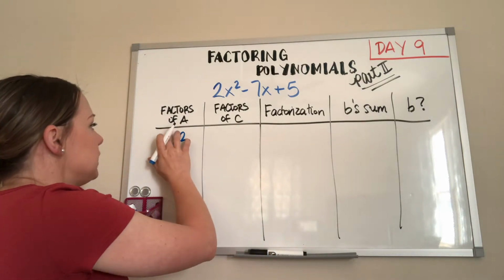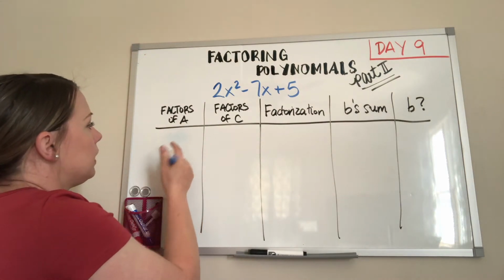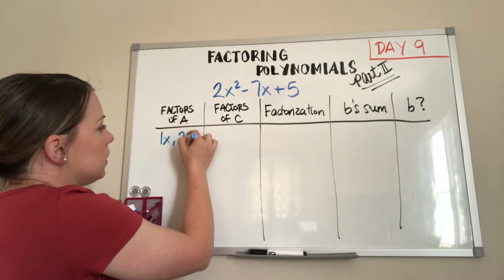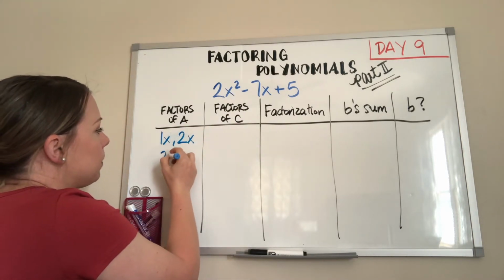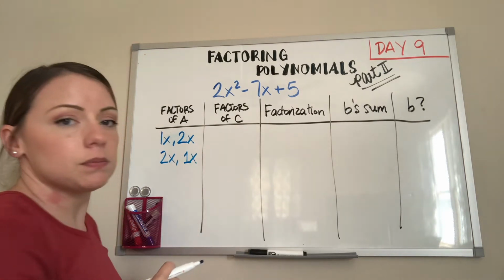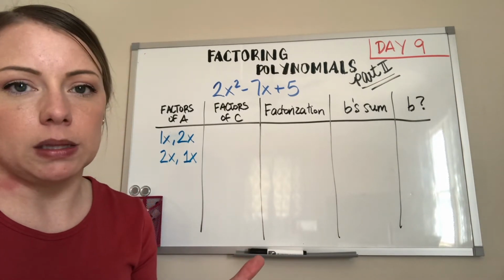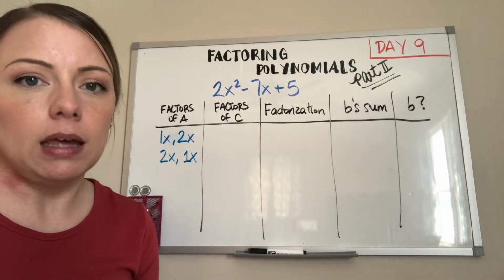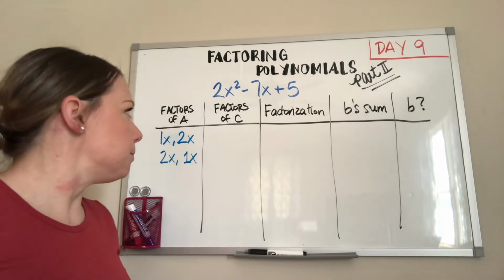So I can set those up right away. And then I'm also going to rewrite this to not just say 1 and 2, but 1x and 2x, because I have x squared. And then I have the possibility of 2x and 1x. All right, now every factor of 2 has been listed. Now, I could list everything else if these weren't the only 2 factors, but I'm okay right now.